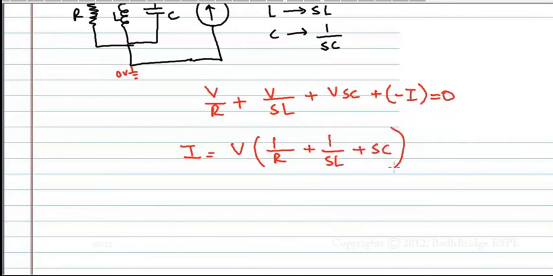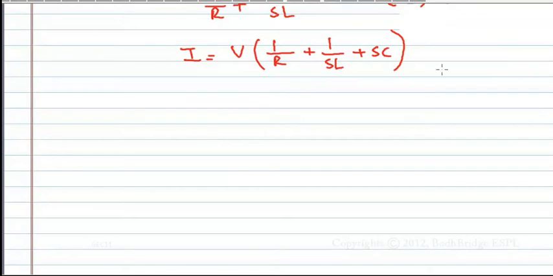Now let us convert into j omega. S is replaced by j omega, as we want to go into the frequency domain.